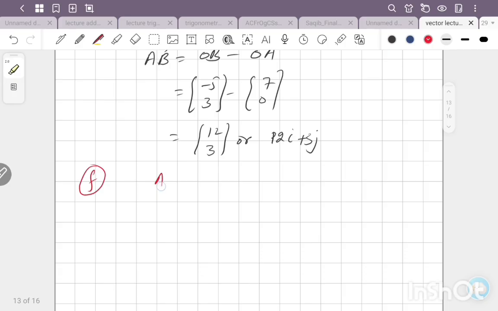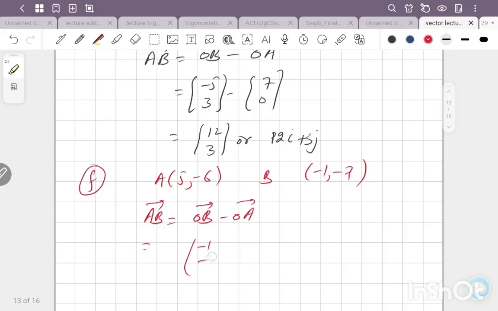In part F, A is (5, minus 6), and B is (minus 1, minus 7). So how do we write it? The AB vector is the OB vector minus the OA vector. OB vector is (minus 1, minus 7), and OA vector is (5, minus 6).